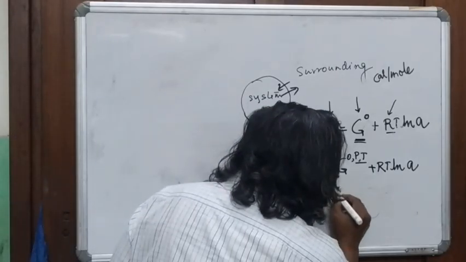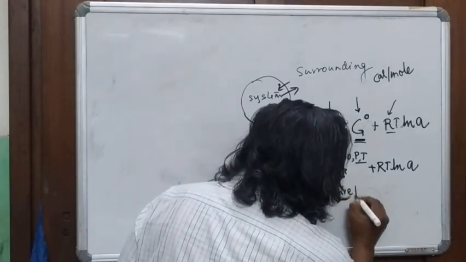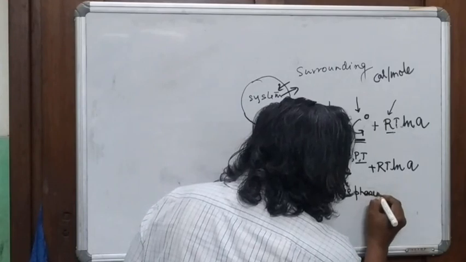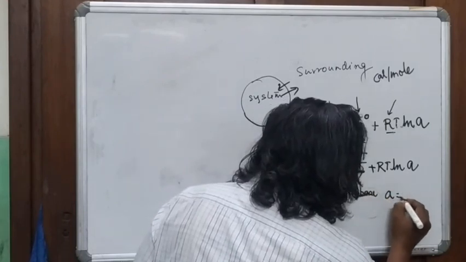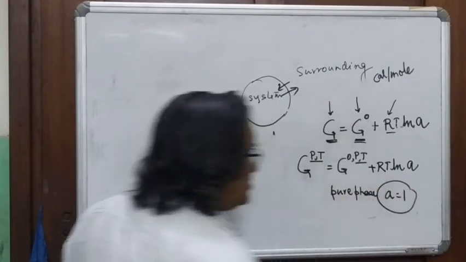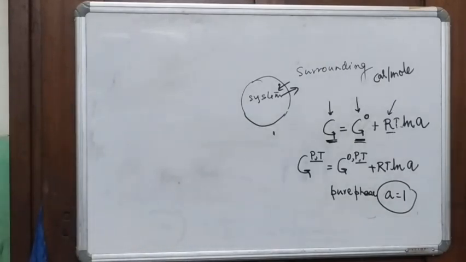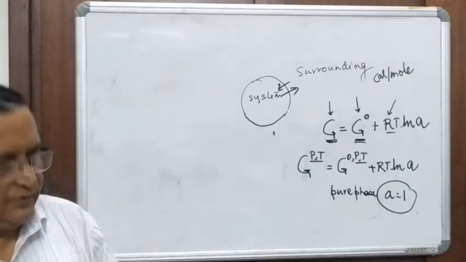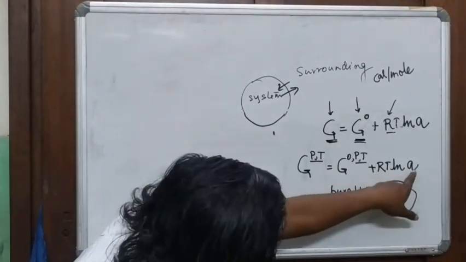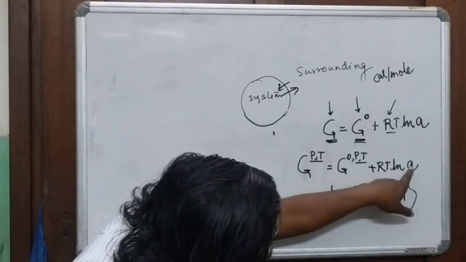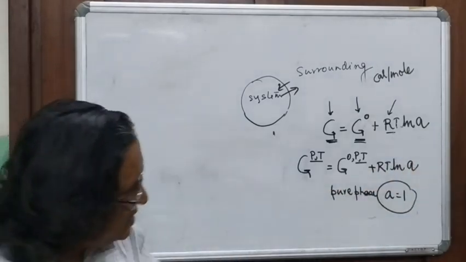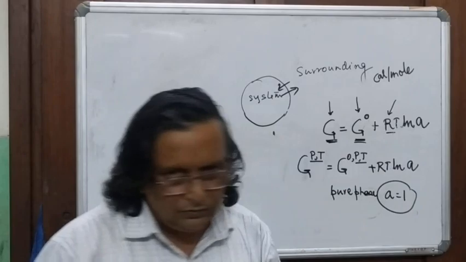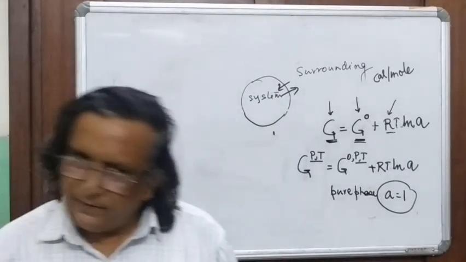For a pure phase, activity is equal to 1, I think you know this. So if activity is equal to 1 for a pure phase, and I put 1 instead of A, then this term becomes 0. Have you understood?